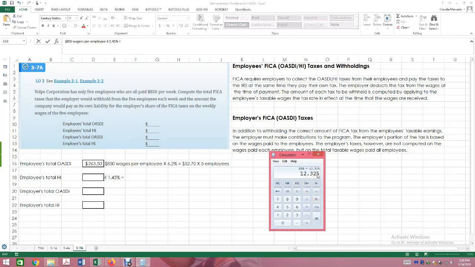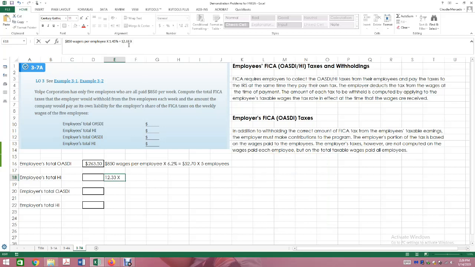That is going to be rounded to 12.33 because the third digit is a 5. Remember, if it's a 5 or greater, you round up. If it's a 1 through a 4, you keep it as is. So it's 12.33.